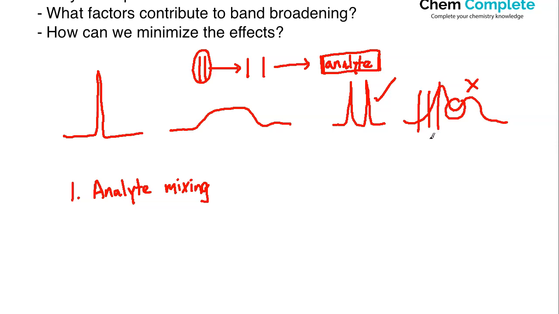Maybe it's one every minute or every 30 seconds you're collecting a fraction, right? But at some point, when you get to this area right here, you're going to have fractions that are mixed together. So you're not going to be able to get true purification and maximize your purified compound or analyte coming out. You're going to have some that inevitably starts mixing together if this shouldering issue is occurring, right?